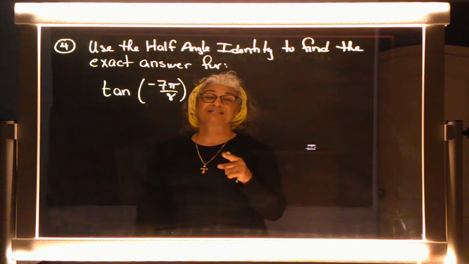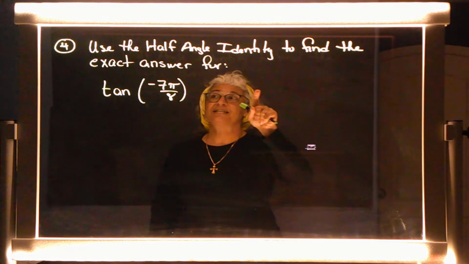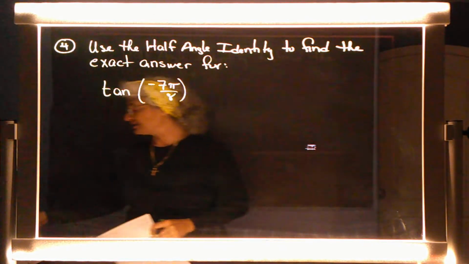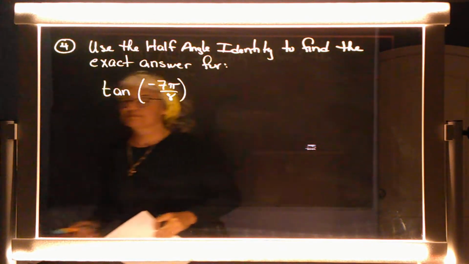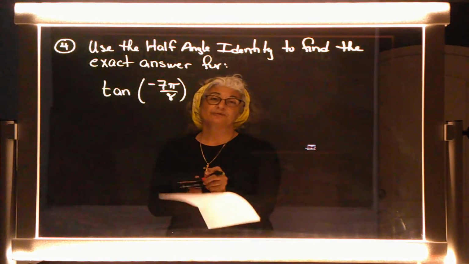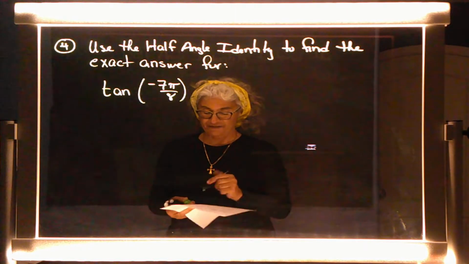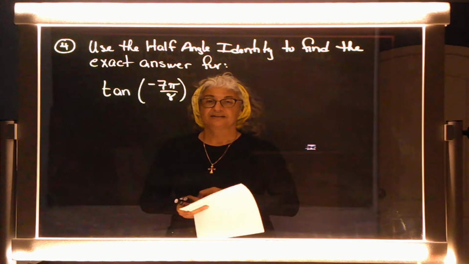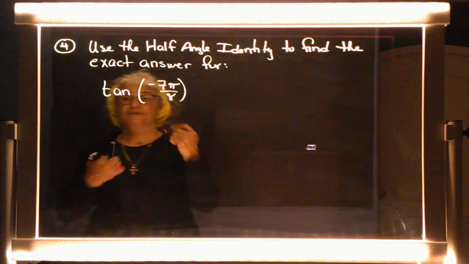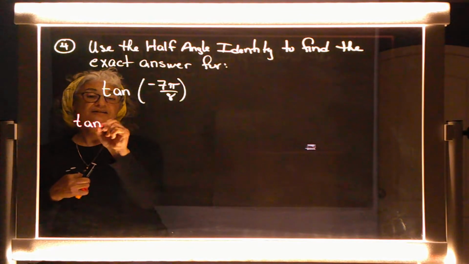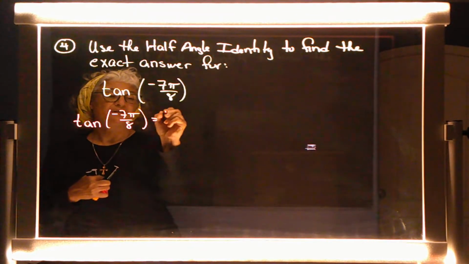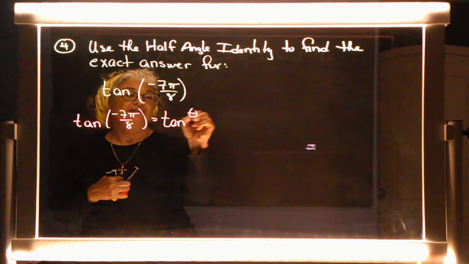They're asking me to find, using the half angle identity again, the exact answer for the tangent of negative 7 pi over 8. So, here's the deal. If I'm using the half angle identity, then the tangent of negative 7 pi over 8 must be equal to the tangent of theta over 2.